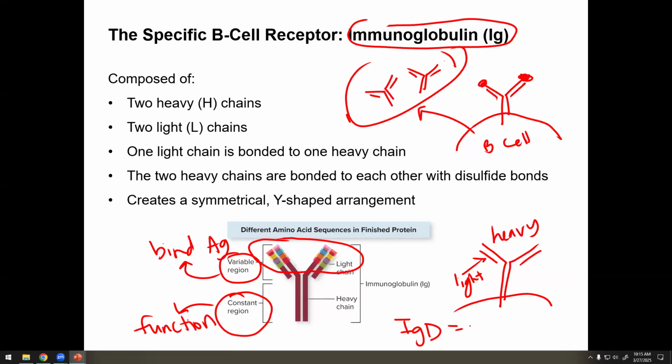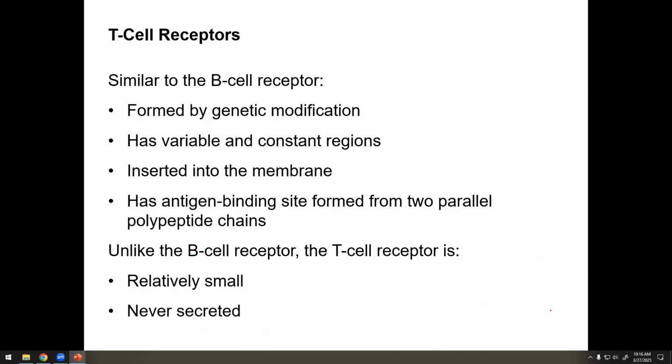We're going to go over all of them in a little bit, but I'm just giving an example. So this is our receptor. Or when we have other ones like IgM or IgG that are just secreted into the bloodstream and float around and just interact with antigens when they see them. And when they bind to them, the antibody has 6 different functions that we're going to get into later as well. But this is just the gist of the shape and how that shape is going to be involved in the function.